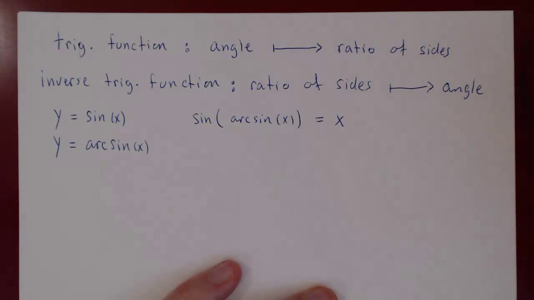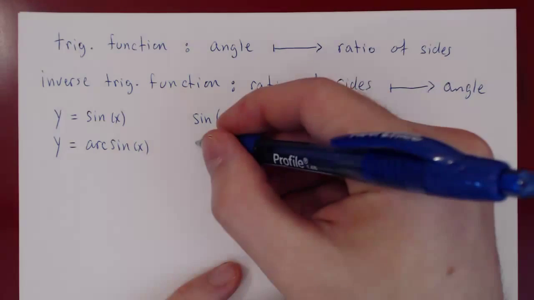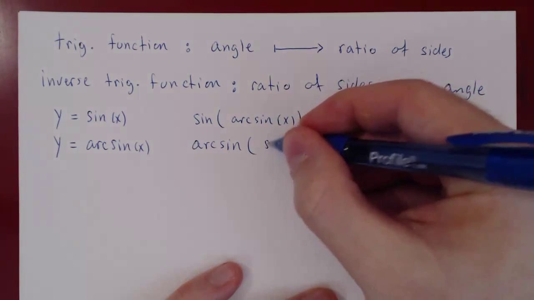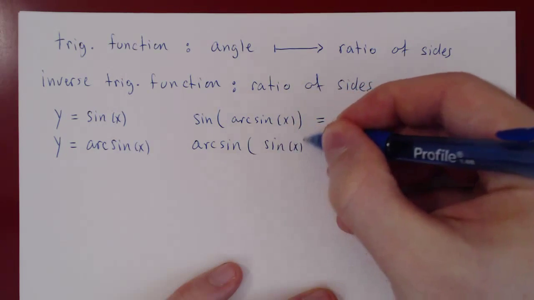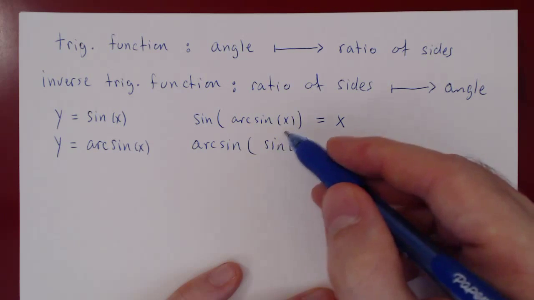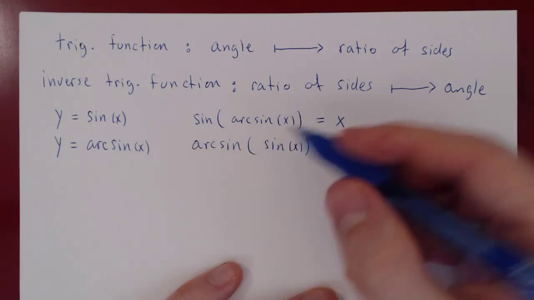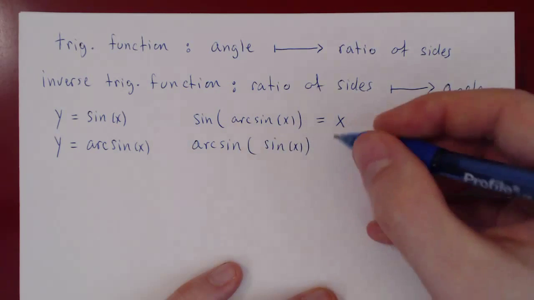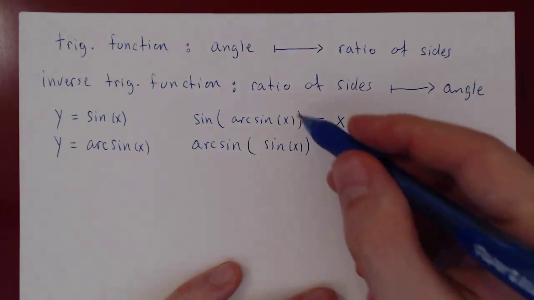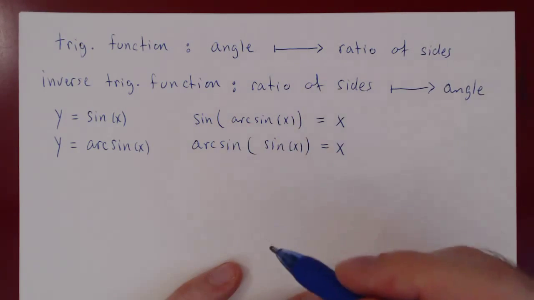And similarly, if you compose in the opposite order, if you take the arc sine of sine of x, well, arc sine is by definition the inverse of sine, so it will cancel the sine and the arc sine, and we once again are left with the argument x. And that is again the fundamental property of the inverse function.